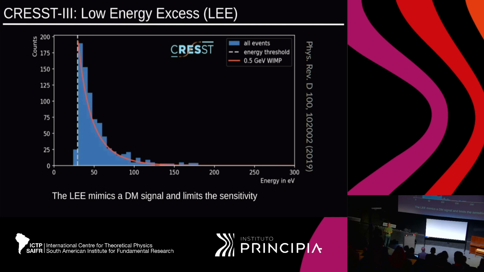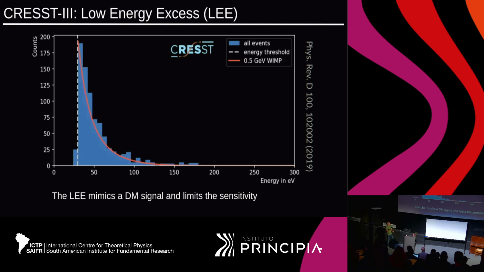And unfortunately, that is exactly a signal that you would expect from a WIMP. So if you have a background that mimics exactly the kind of signal that you expect for the thing that you are looking for, that really kills your sensitivity, because you cannot really move forward.